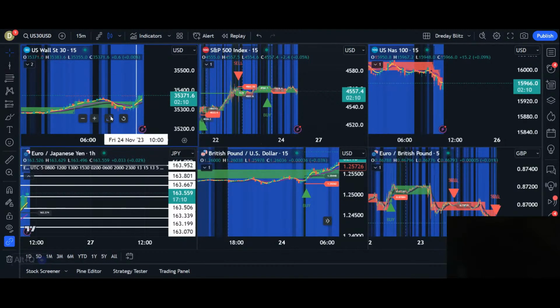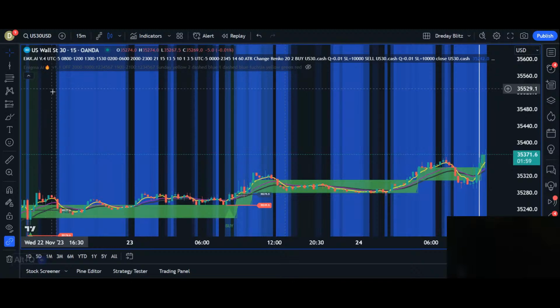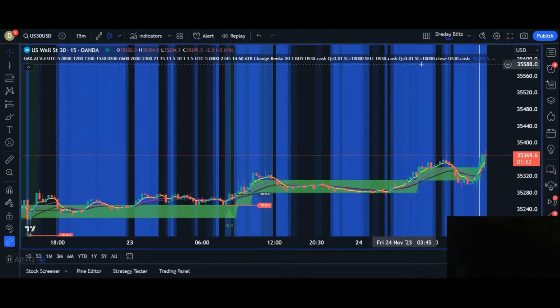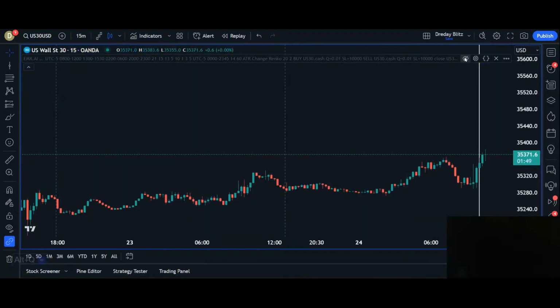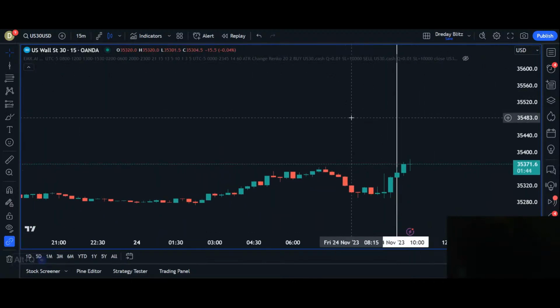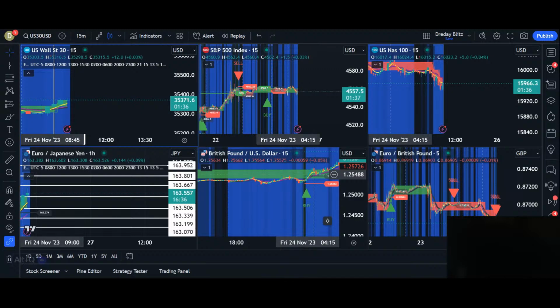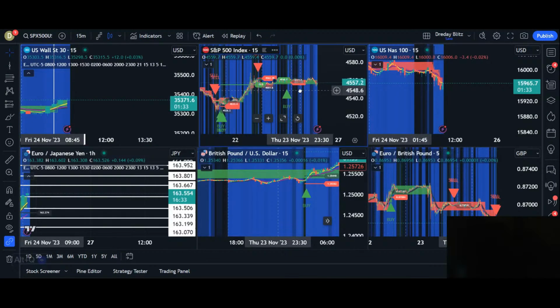So we had a US 30 buy around 10, where I put my line, and if I check here, right now it's still running, still looking bullish here, and that was the only signal that we received in our session.